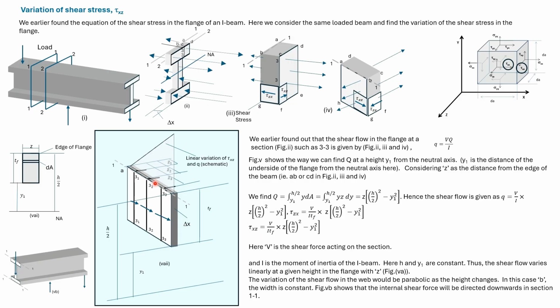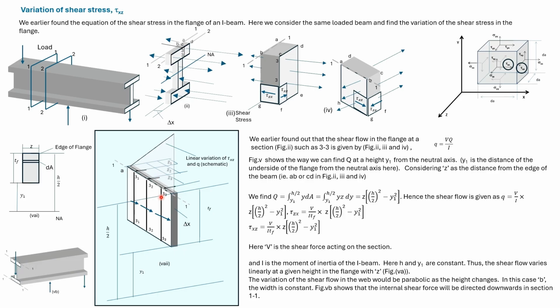Now let us take section 3-2, 3-2. The corresponding Z is Z2. So we take the statical moment of area of this larger rectangle. Tau Zx is now larger, and around the corner, tau xz is also larger.